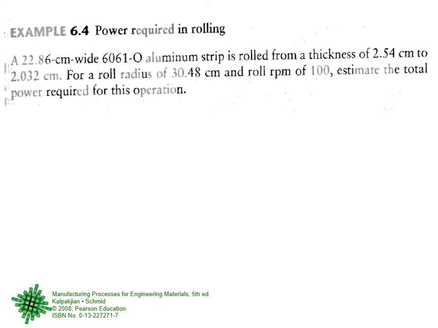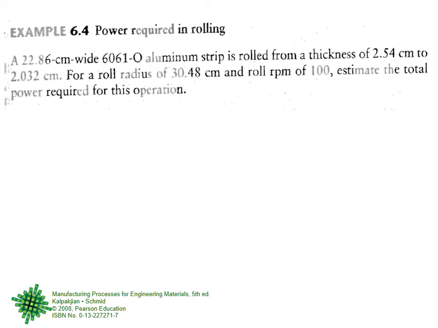Now we know that in all of these calculations, the flow stress of the material is required, Y or YF or Y bar, whatever, in the equation. Now in the power equation, there is Y bar dash. Now this material is given, so again, you will have to go to chapter 2 of the book. We have used that table earlier in forging, so that you can find the value, sigma is equal to K epsilon to the power n.